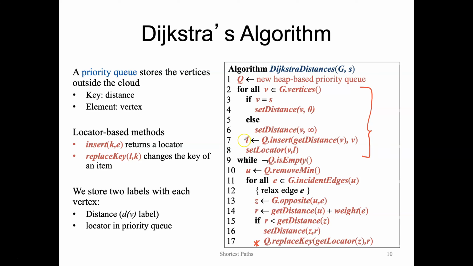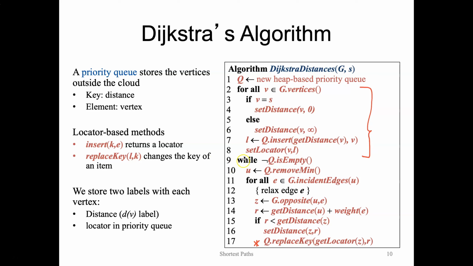So this just records where a vertex is in this priority queue so that later on, if we have to change the distance label for some vertex v, we know its locator. This is just a pointer to exactly where that vertex is in the minimum heap.